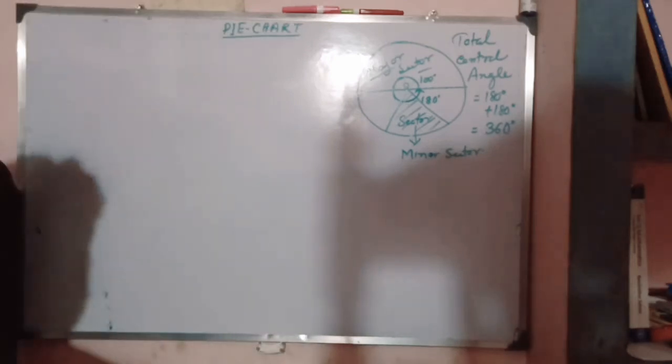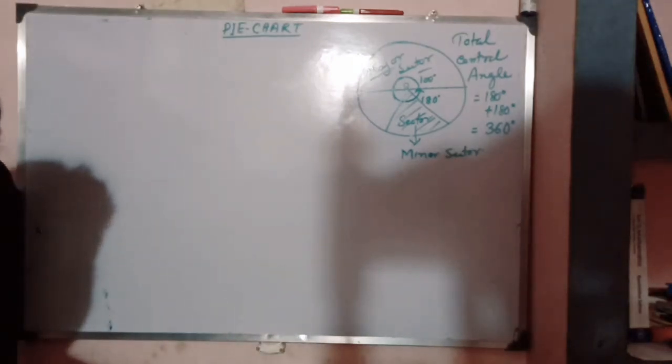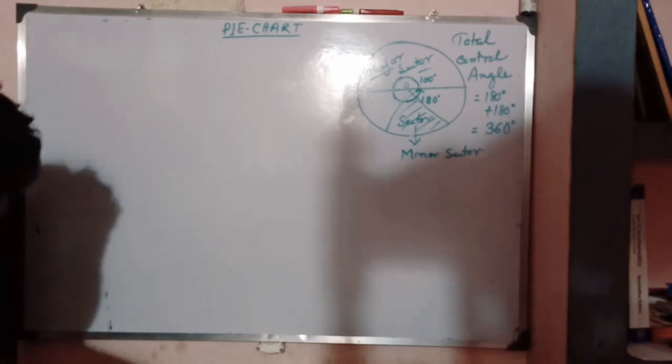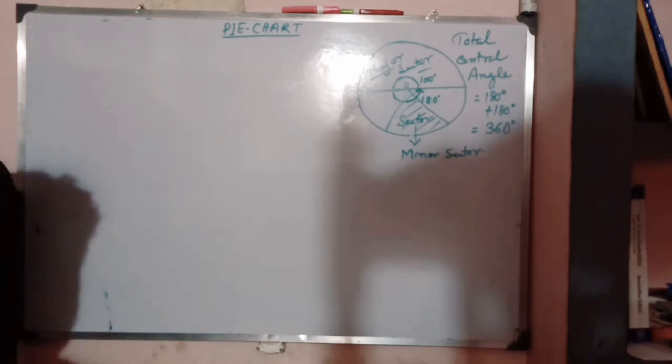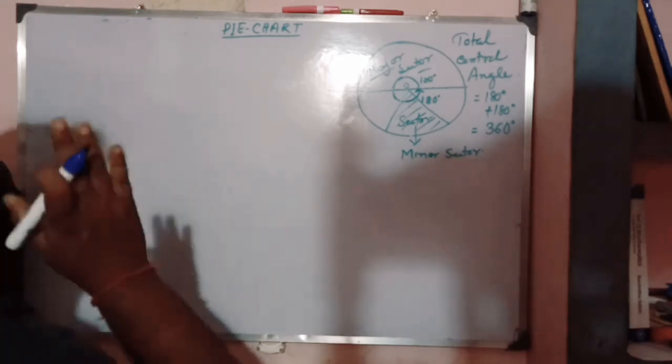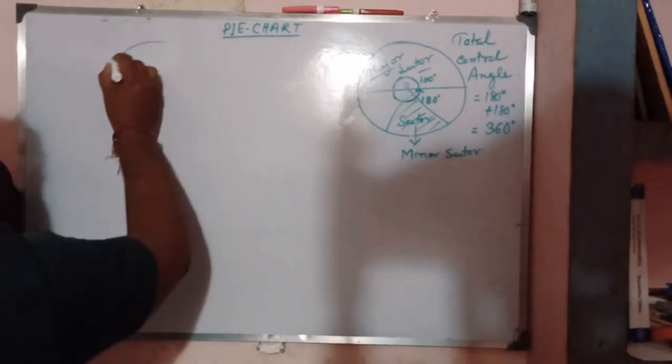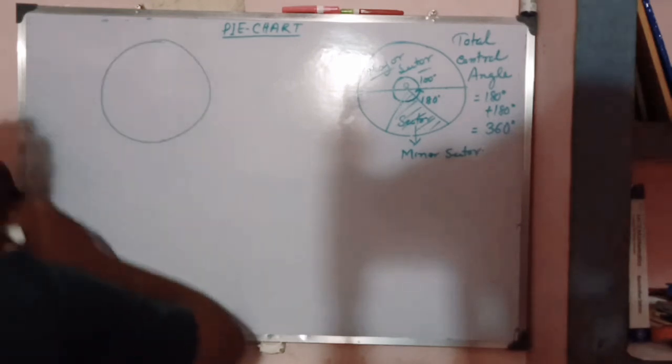Next, come to the definition or the need of pie chart. In a pie chart, the various observations or components are represented by sectors of a circle, and the whole circle represents the sum of the values of the components. Means, in basic words, we have to draw a circle.